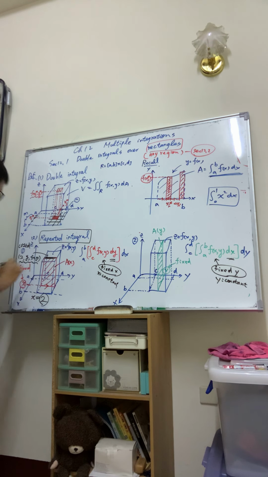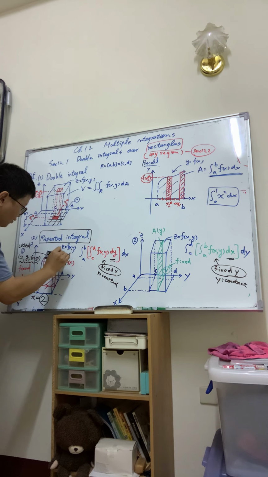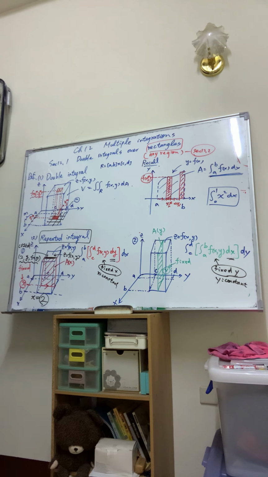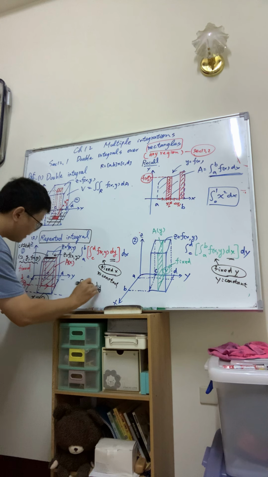So each point in this line, its 3-dimensional coordinate is this one, 2, y, f of 2, y, right? And actually this line is z equals f of 2, y. If we let x be 2, then it's exactly f of 2, y. So now you could view it as just a single function, and its variable is y. So of course you could consider f of 2, y dy, right?